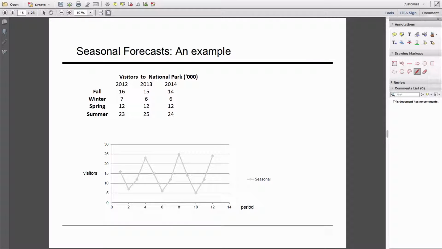You'll clearly see that the number of visitors every year in winter is much lower than the number of visitors in summer. And just looking at the chart below, you can see that the data shows some seasonality. It goes up and down in a regular fashion, right? It goes down, up, down, up, down, up in a regular fashion.